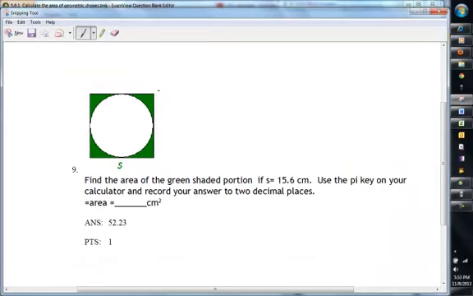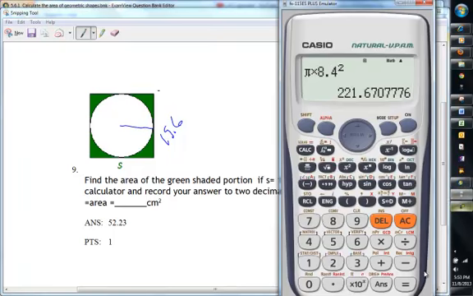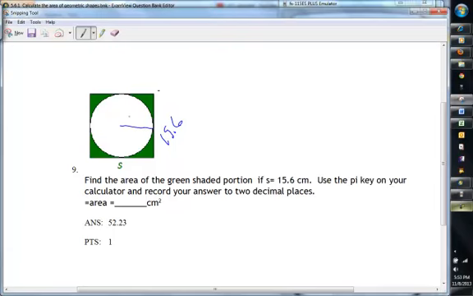Next one, find the area of the green shaded part of the figure. Okay, so the green shaded part, since the side of this square is 15.6, then the radius of the circle is half that. 15.6 divided by 2 is 7.8.